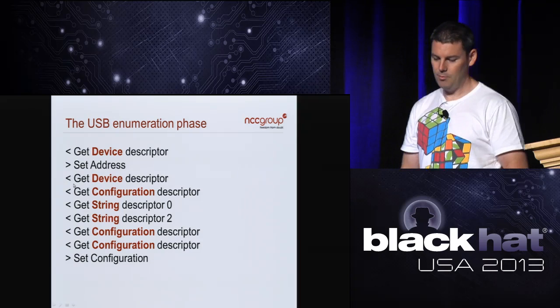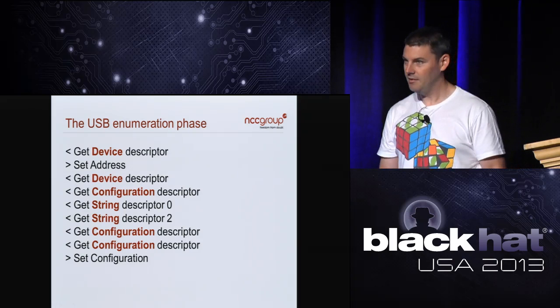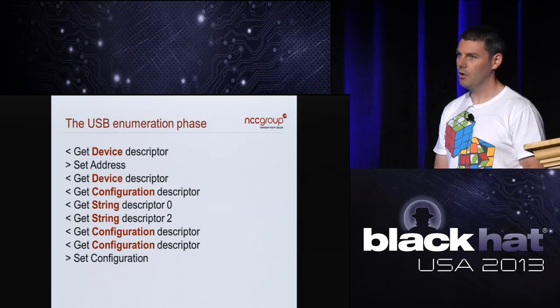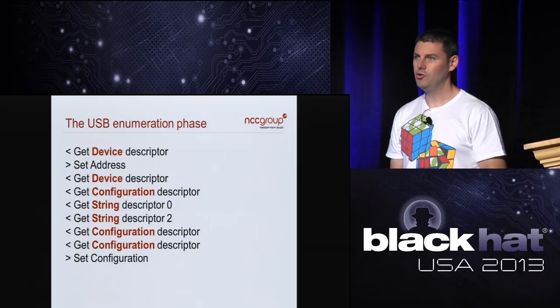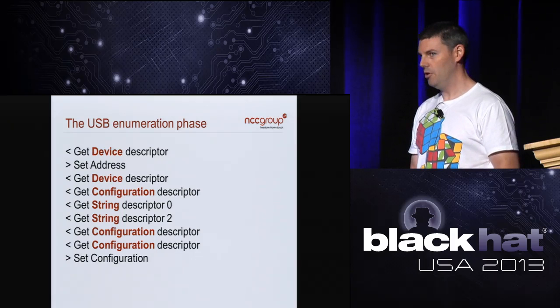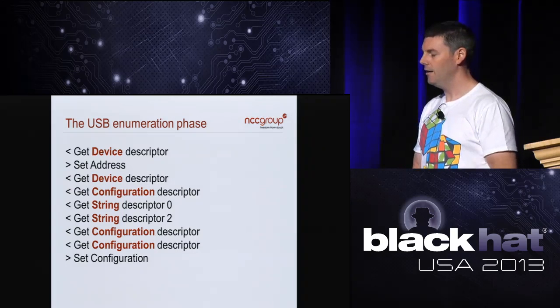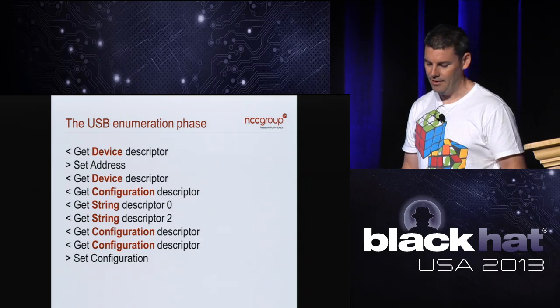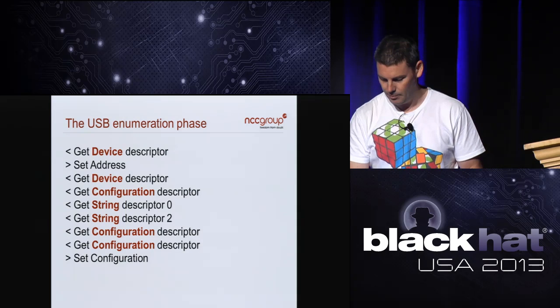The device descriptor is requested a second time. I'll explain why in a minute. And then there's a bunch of other descriptors that are requested to gain information about the device in order for the host to be able to load the appropriate drivers, configure the host driver configuration, and get the communication going with the USB device.